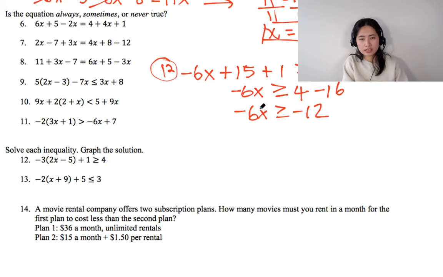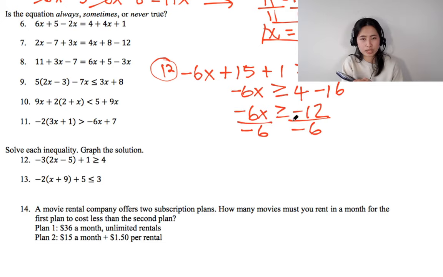Okay, so here's the thing that a lot of students tend to forget. If you want to isolate x, that means you have to get rid of the negative 6 by dividing both sides by negative 6. If you divide both sides by negative 6, you need to remember to flip your inequality symbol to the opposite direction.